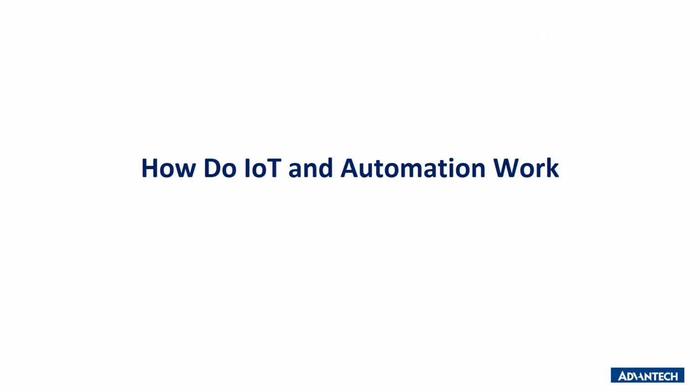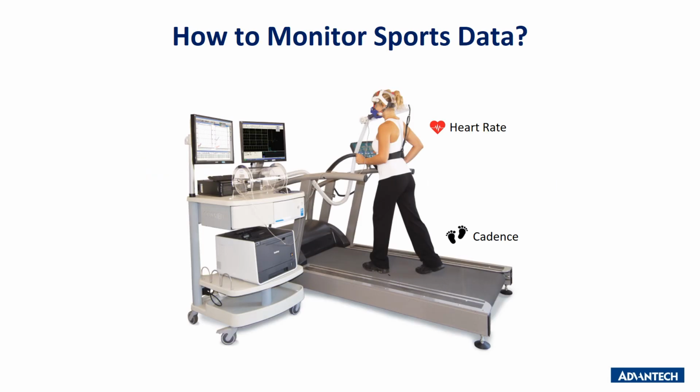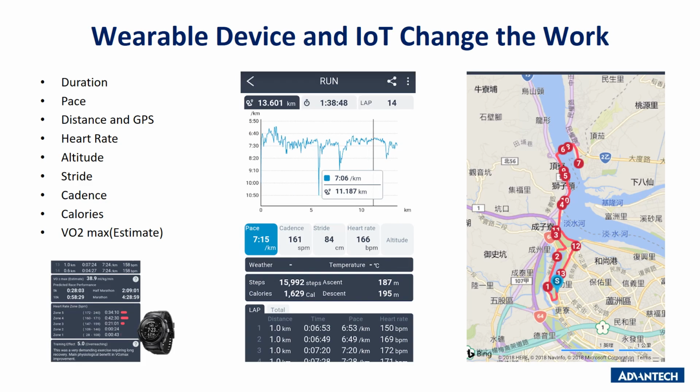How do IoT and automation work? Here is an example: how to monitor an athlete's sports status. The image shows an athlete doing a sport, and being connected with many monitor instruments. That's a past method to collect the sports data. Thanks to wearable technology, nowadays we have sports watches and devices that can help us collect sports data, such as the Apple Watch, Garmin, and Xiaomi Health Watch.